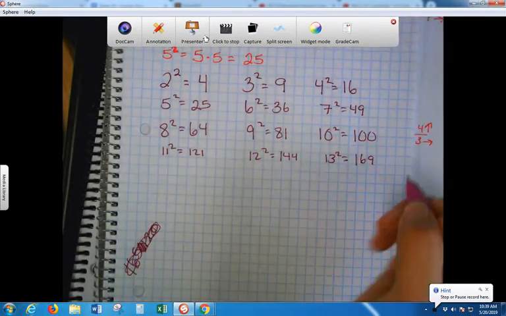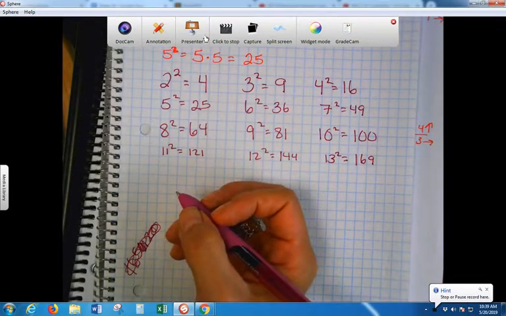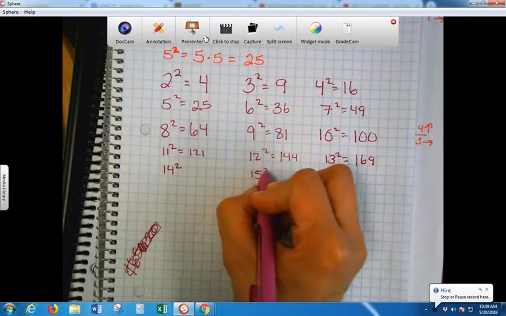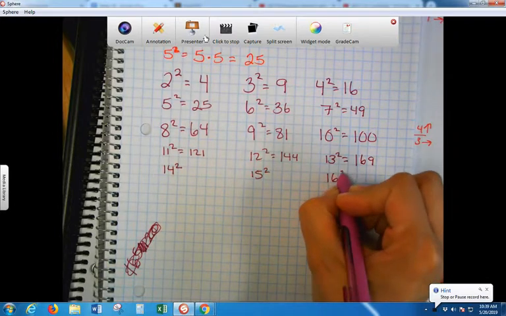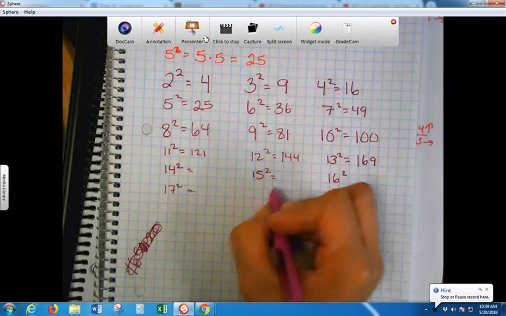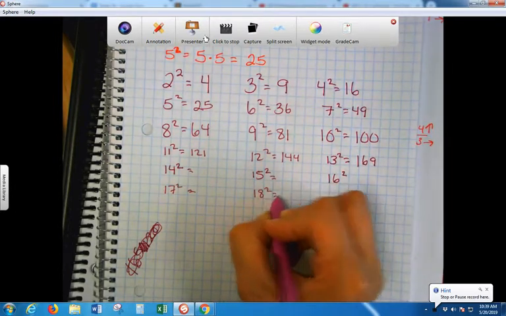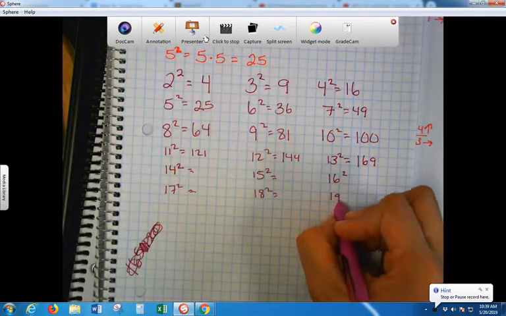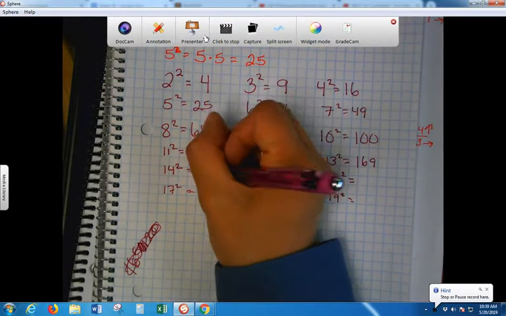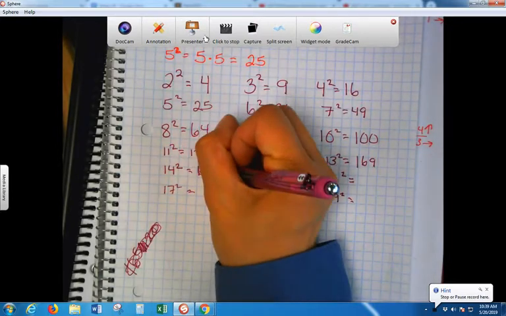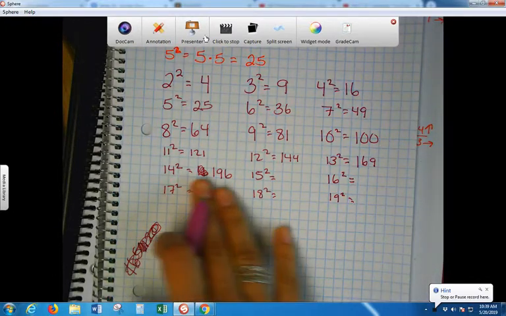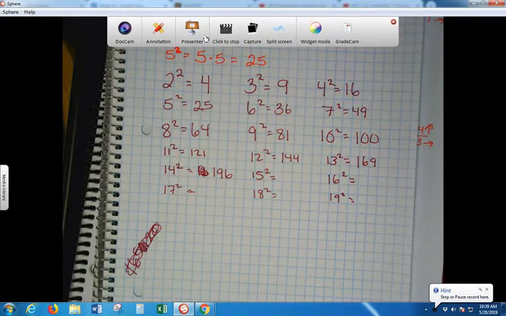Good. 14 squared. Nope. 196. Nice. Are you done? You should be figuring these out. You shouldn't have other people tell you the answers.